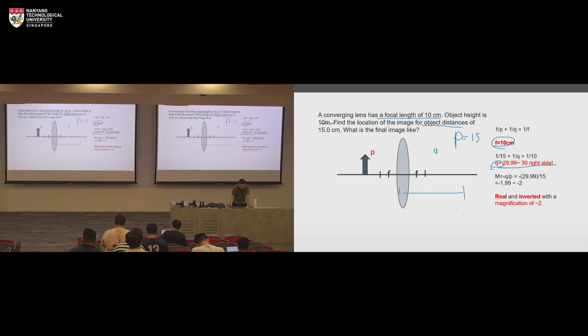So it means that Q is over here, 30 cm on the right. And then your M value is -2, so it tells you it's inverted. And because your Q is positive 30, it also tells you that it's a real image.